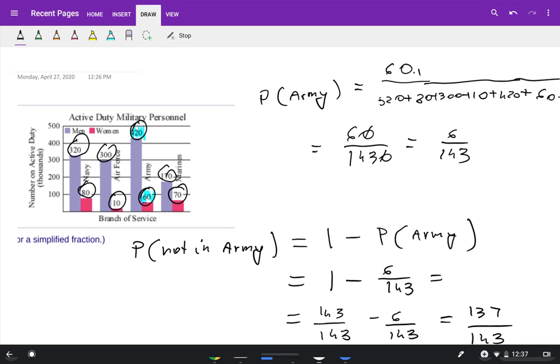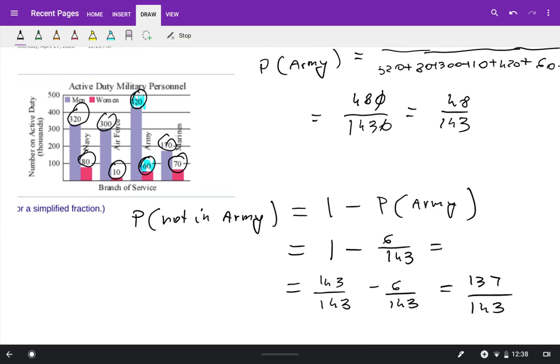So 60 plus 420 will give me 480. Reduce by 0, and here I should get 48 over 143. Now the probability that I'm selecting a person who's not in the Army is 1 minus the probability of selecting the Army, so this number has to be fixed.